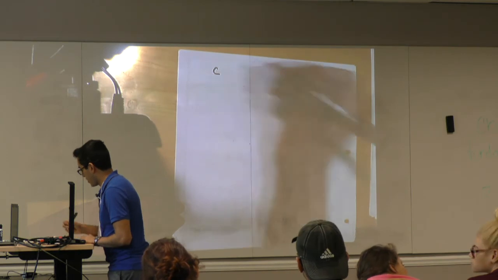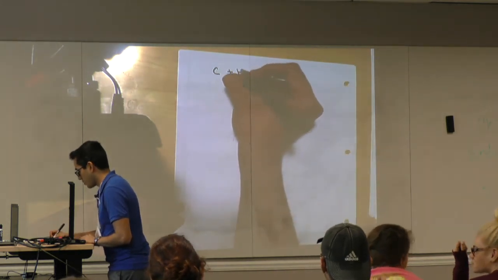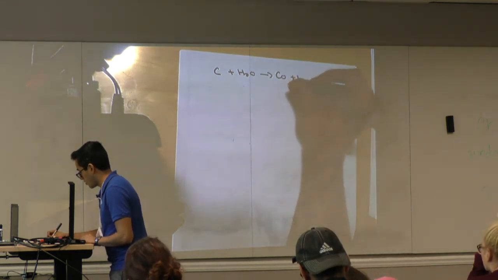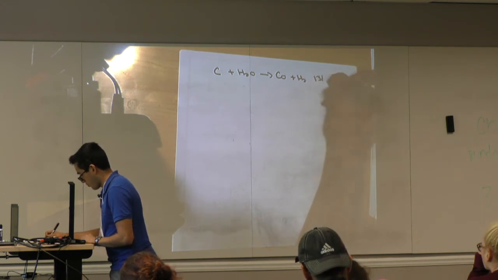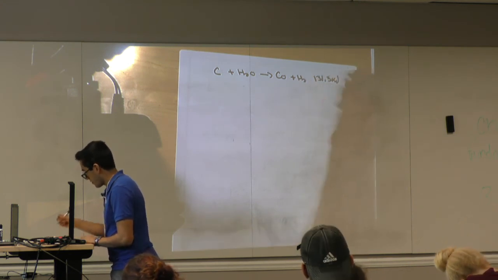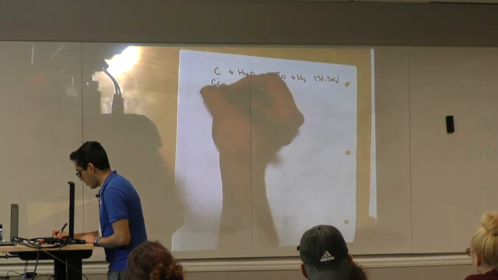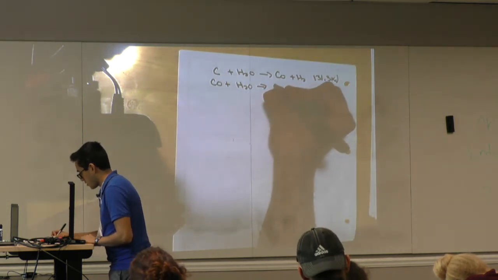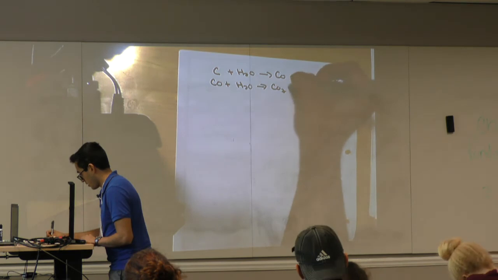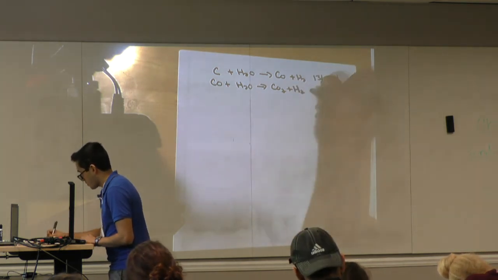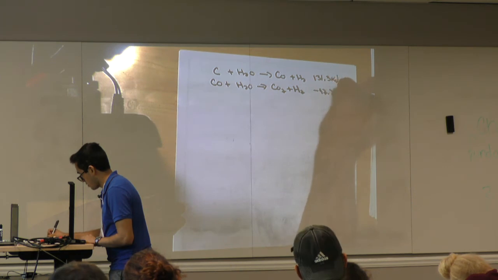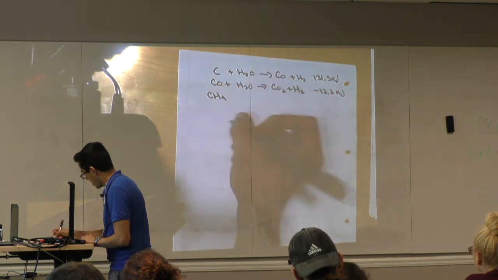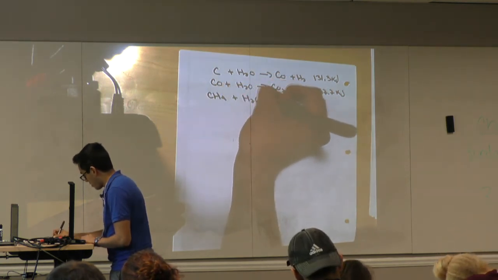So if we have carbon plus H2O creates CO plus H2, that gives us 131.3 kilojoules. And then you have CO plus H2O creates CO2 plus H2. That will give us negative 42.2 kilojoules. And then you have CH4 plus H2O.